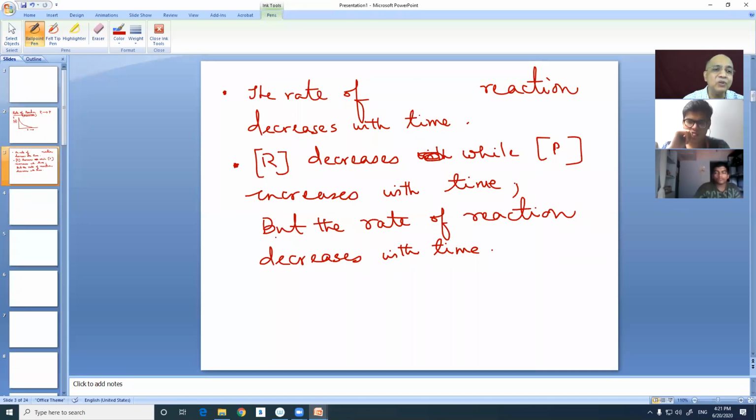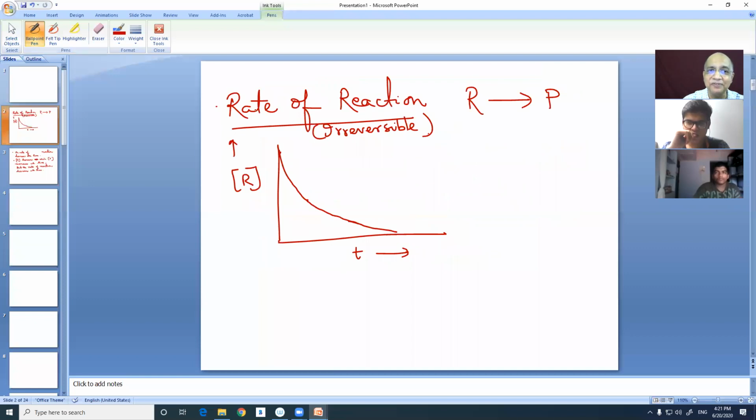Then let us go back to that graph. If you are a beginner, then I will say we first understand what is average rate, just like average speed and instantaneous speed. The same concept, the average rate of reaction.